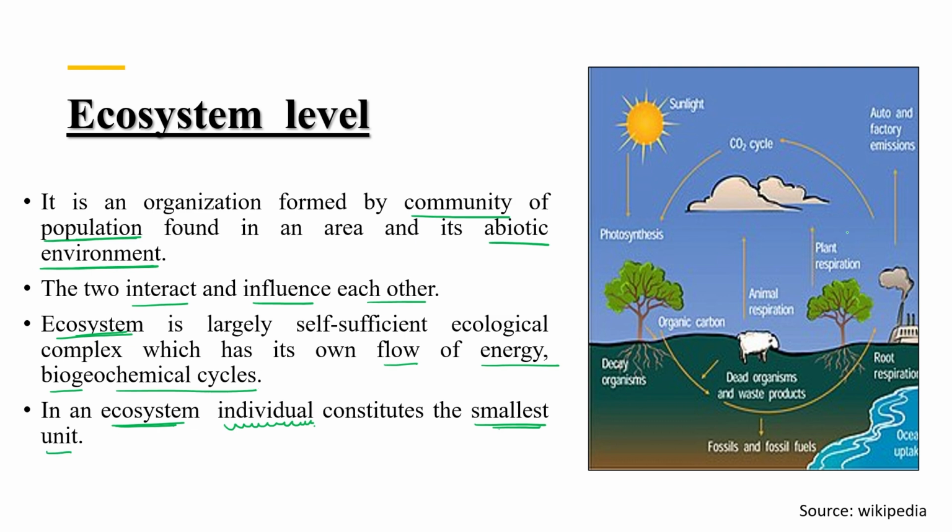As you can see in this particular picture, this is an ecosystem. Here you can see plants, animals, and some organisms present in the soil. You can also see some abiotic factors like water, carbon dioxide, other waste products, or some pollution, and sunlight.